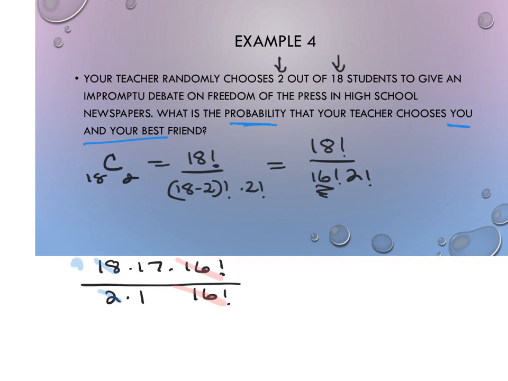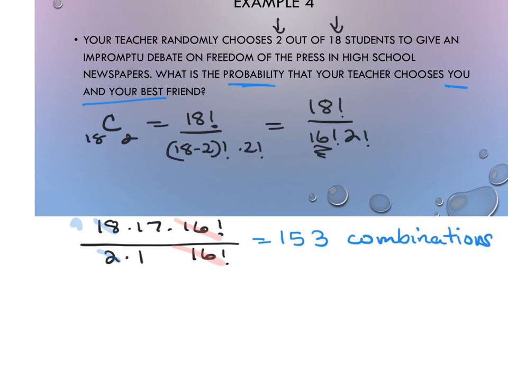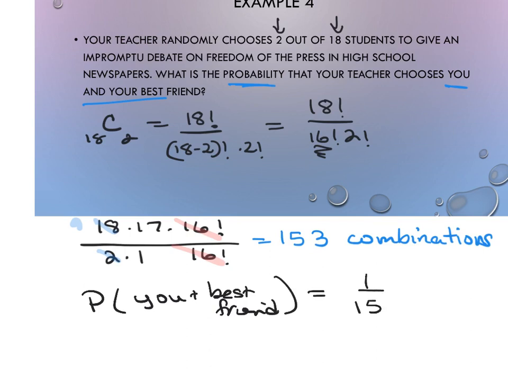So 9 times 17 gives me 153 combinations of 2 students chosen out of the 18. Now again, it asks for probability, and just like before, there is only one combination of me and my best friend. So for probability, it's going to be 1 over 153.